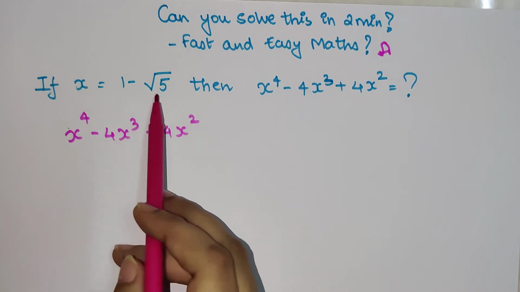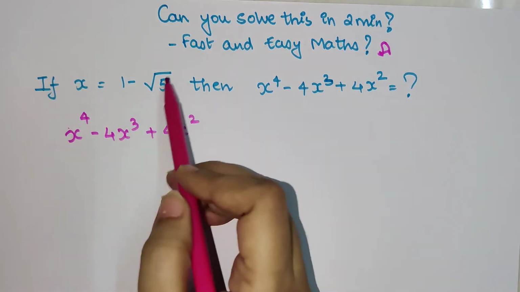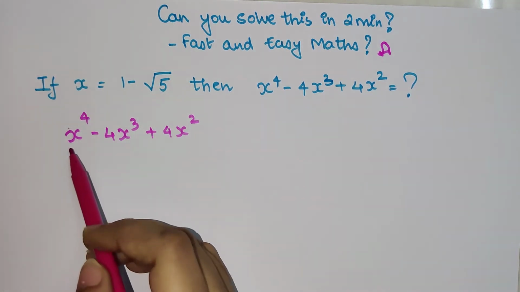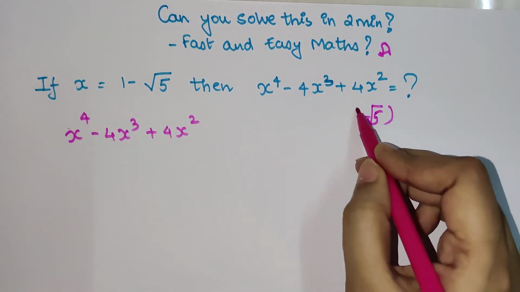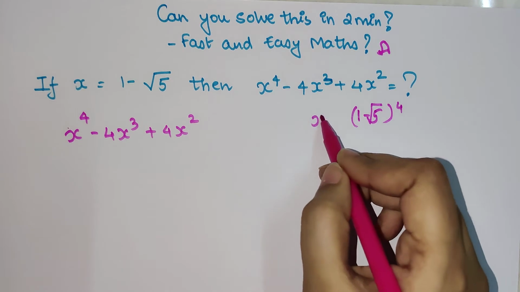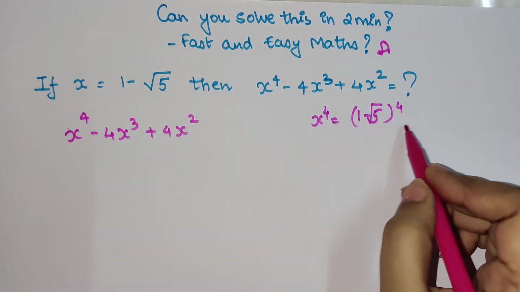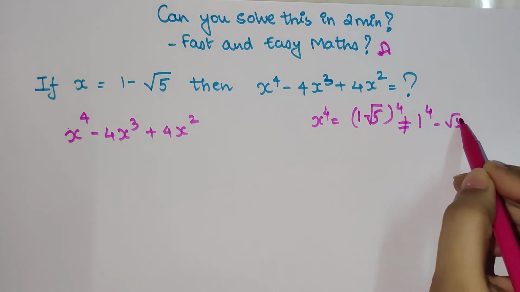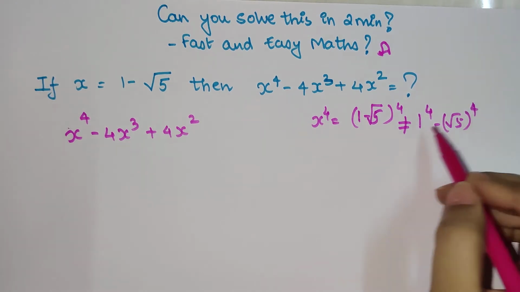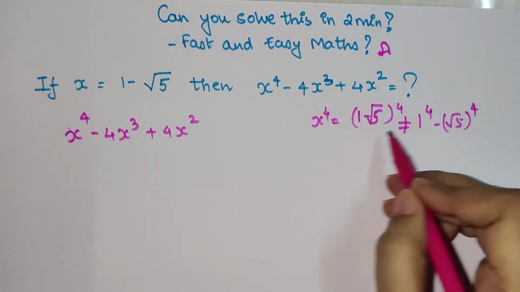So for x raised to 4 it will actually be 1 minus root 5, the whole raised to 4, not 1 raised to 4 minus root 5 the whole raised to 4. Please understand, there is a lot of difference between the two.